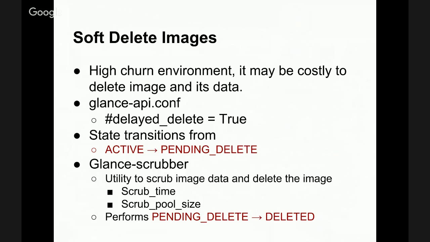You could tune the scrubber with a scrub time and a pool size to specify when you want to invoke this action and how much of a load it should handle. The main task of the scrubber utility is to move the pending delete state into the deleted state after clearing the image.